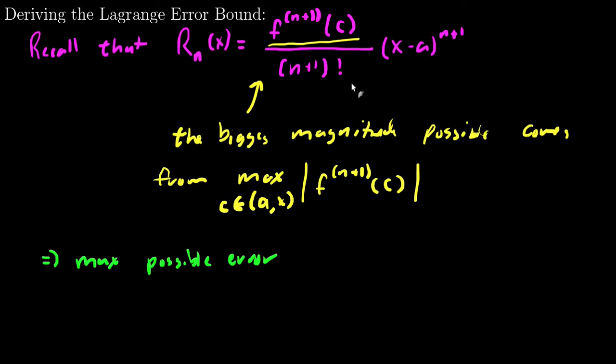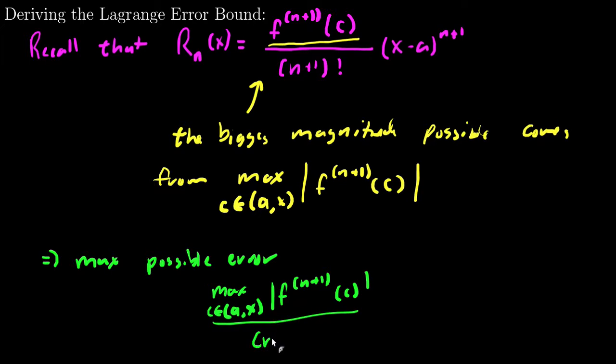So this is the actual amount we are off, either positive or negative, but I don't necessarily know what this c is. However, I know that the maximum possible it can be above or below comes from the max for c in this interval, of the next derivative over n plus 1 factorial multiplied by how far I am away from the center to the n plus 1.